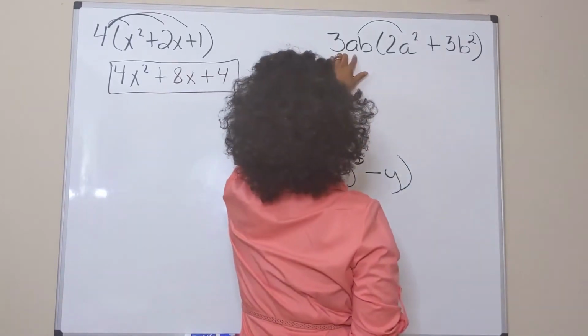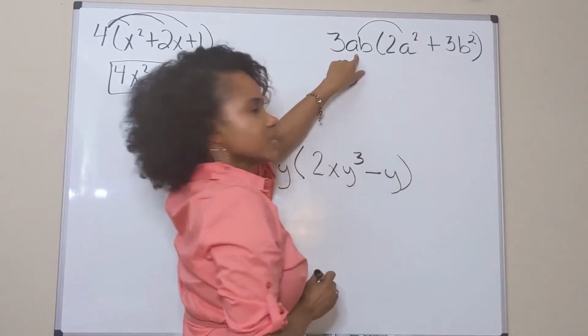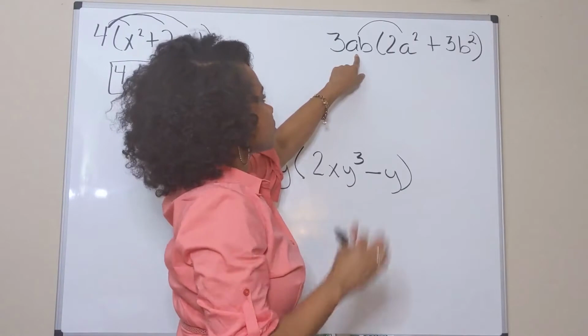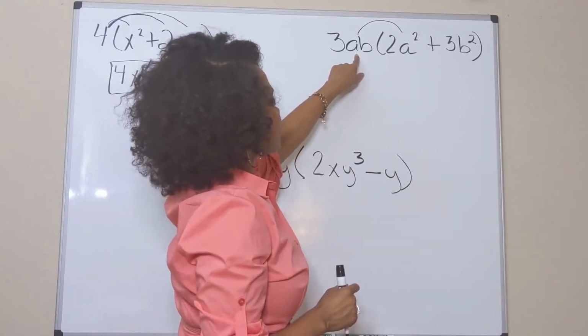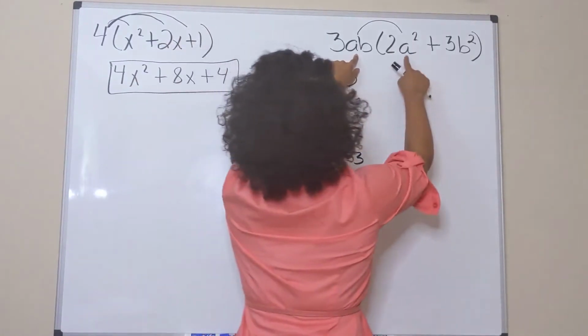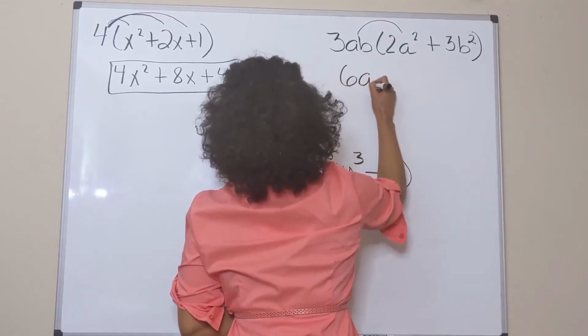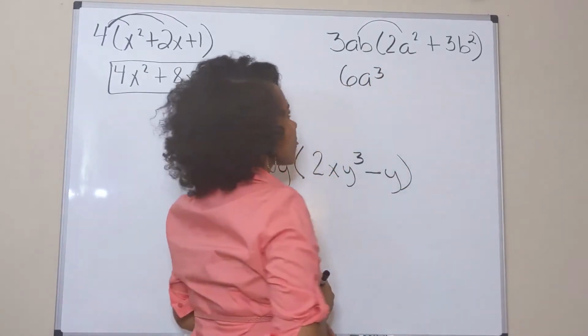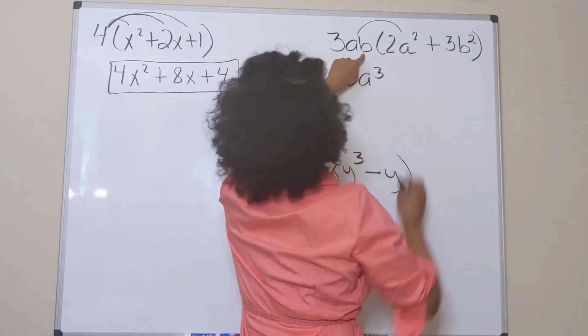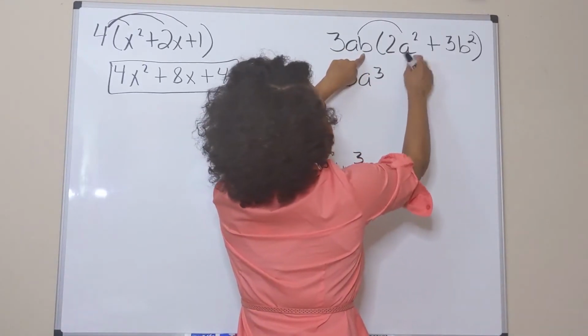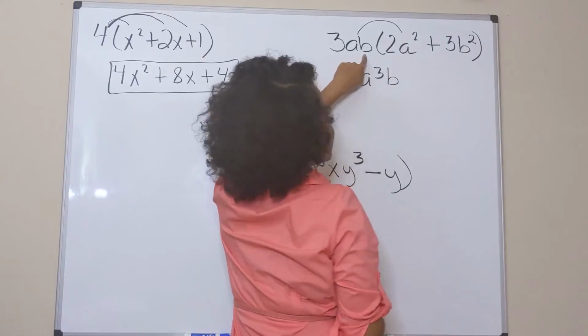And I have an a to the first. I don't see an exponent here, so that's the understood 1. So a to the first and a to the second. Again, I want to add those exponents. That gives me a to the third. And I have a b, but I don't have a b here, so I simply bring that b down.